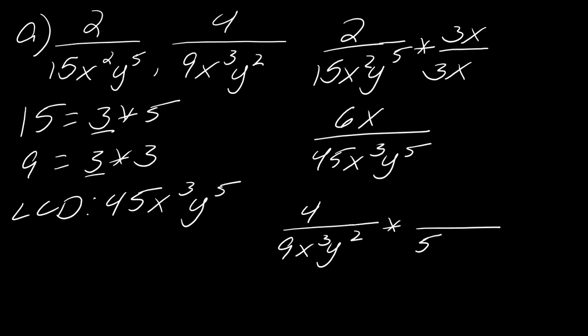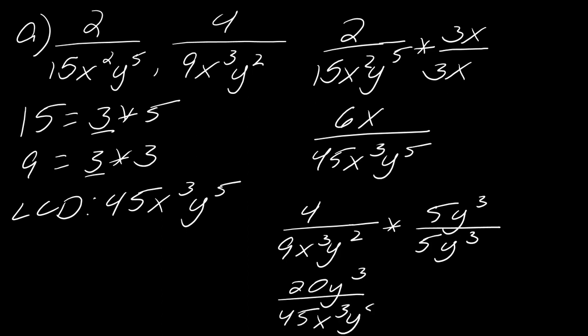I have the x cubed, but I need 3 more powers of y to get to y to the 5th. Whatever I multiply by on the bottom, I multiply by on the top, and then I multiply everything straight across. So this is going to be 20y to the 3rd on top, and then 45x cubed y to the 5th. So there you have it.